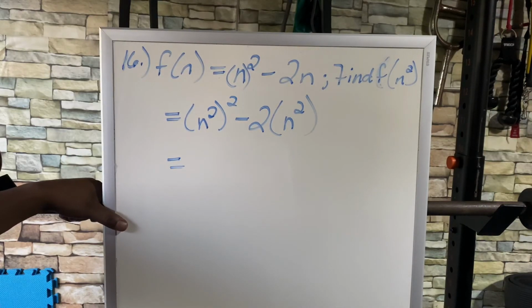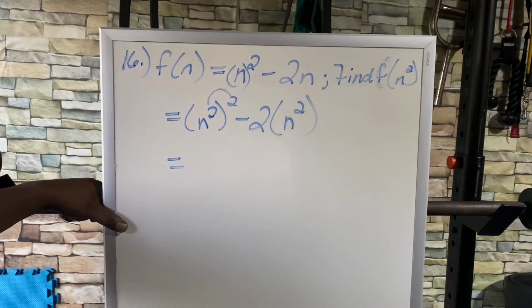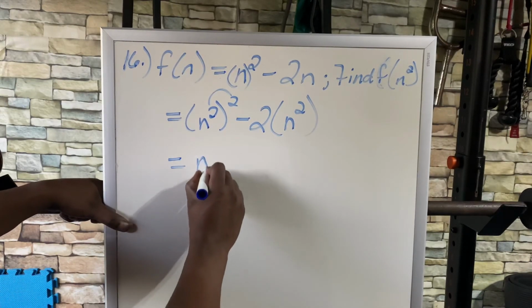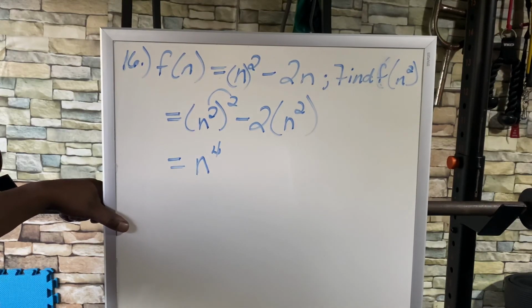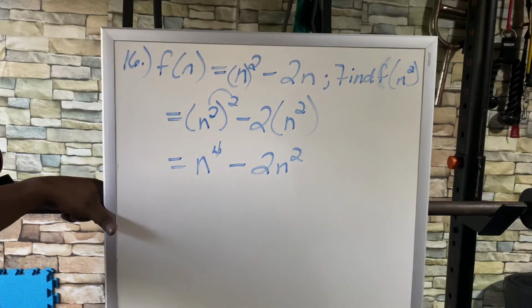We have a power of a power, so that means we multiply. N squared squared, 2 times 2 is 4. So n to the 4th minus 2n squared.